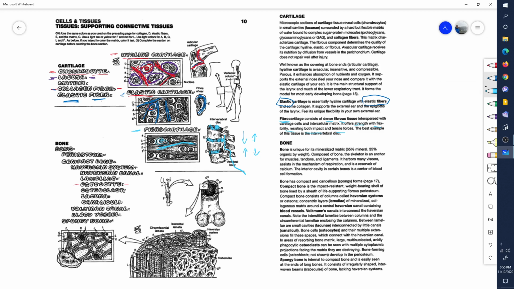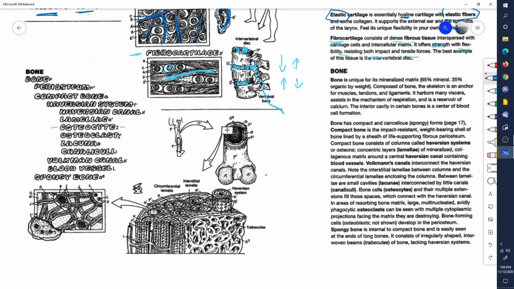The elastic cartilage is similar to hyaline cartilage, except that it contains some more collagen. Although it has mainly elastin, it also has some collagen.